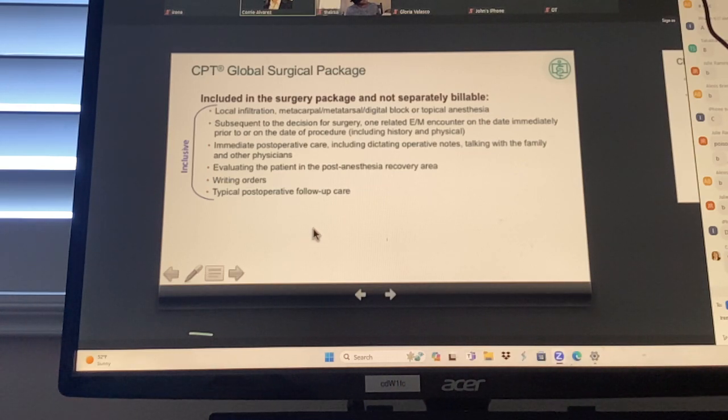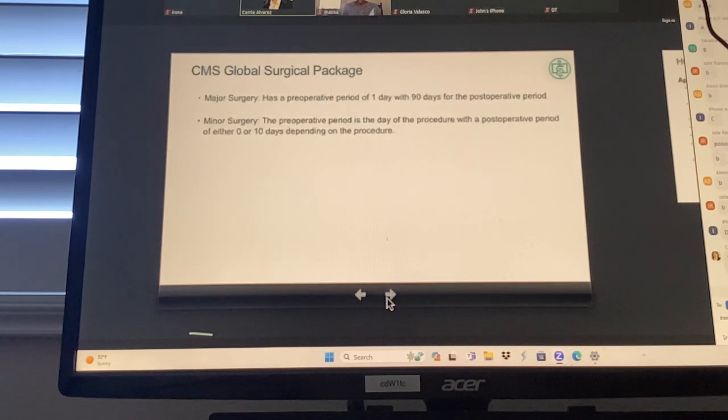You could have a question about which one is included, which is not, and what you would charge for this example. You would say 0 because it's typical post-operative follow-up care. The typical post-operative period is 1 day for some procedures, a 90-day for major surgery, and 0 to 10 days for minor surgery.